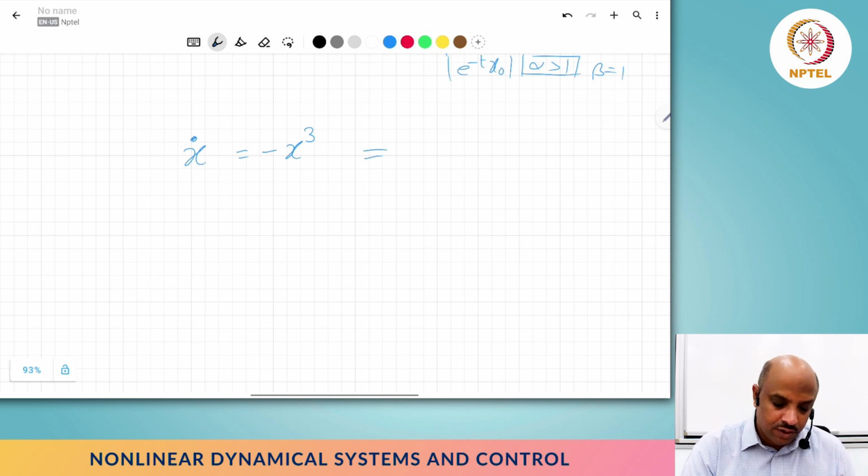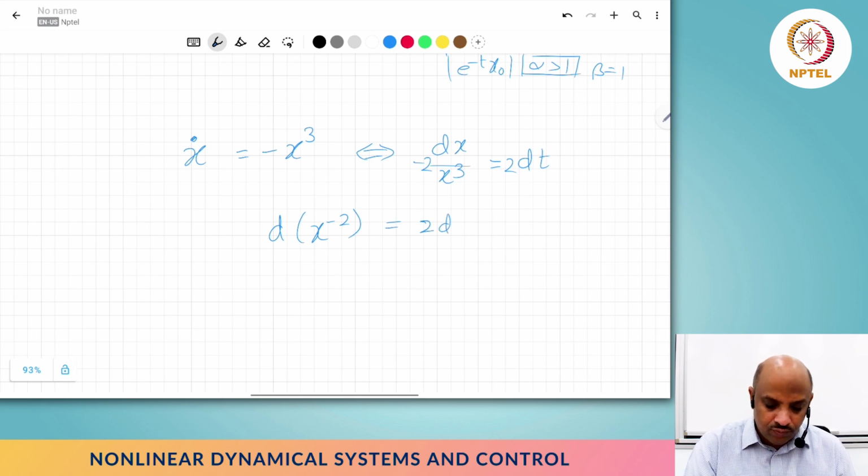So we can do this: dx by x cube is equal to dt, and multiplying by 2 on both sides, I'm going to get d of x to the minus 2 is equal to 2 dt. And if I integrate it, I'm going to get something like this.